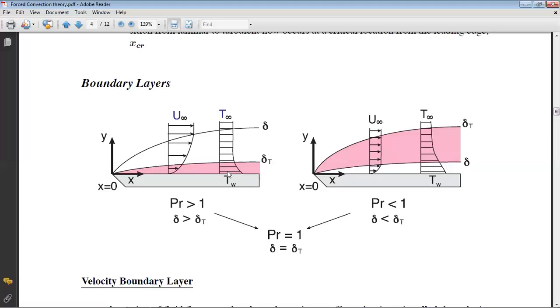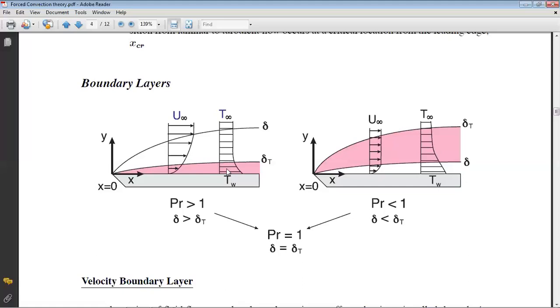Now, if you see here, the temperature very adjacent to the plate, even though there is flow of fluid, the fluid will catch more heat. Hence, the difference in temperature will be more.